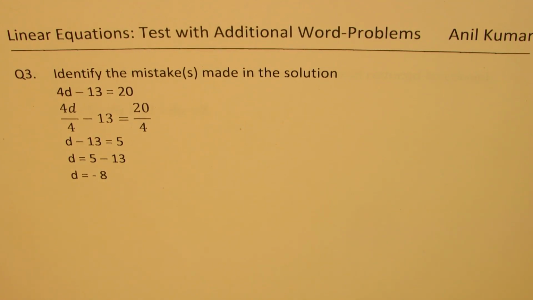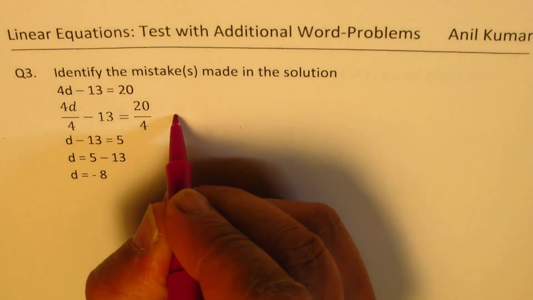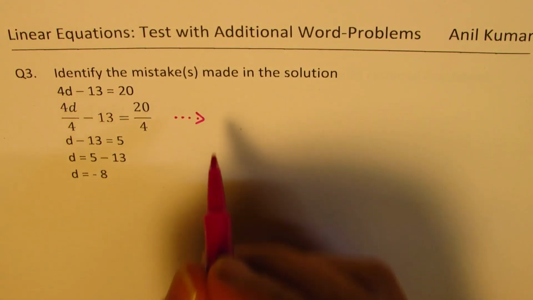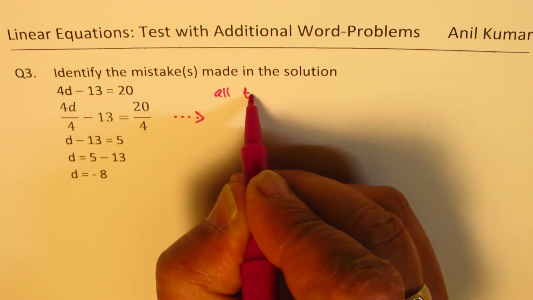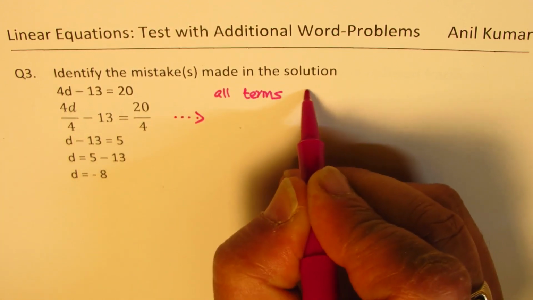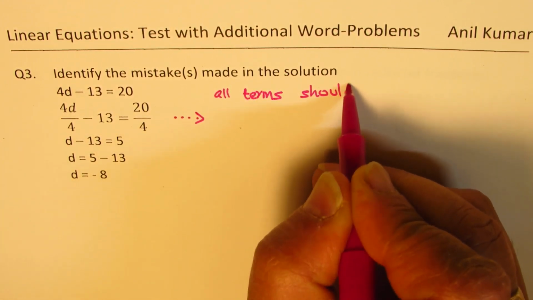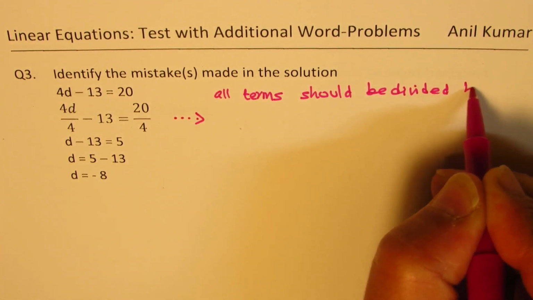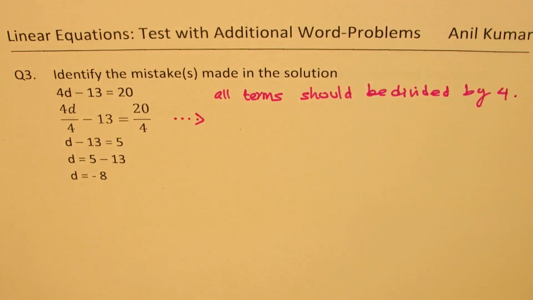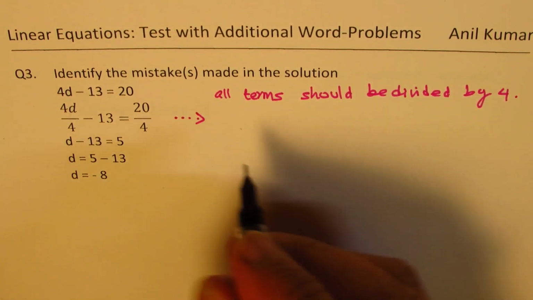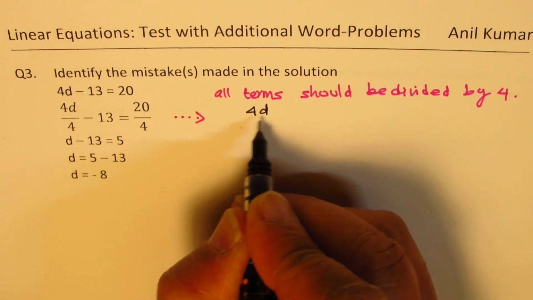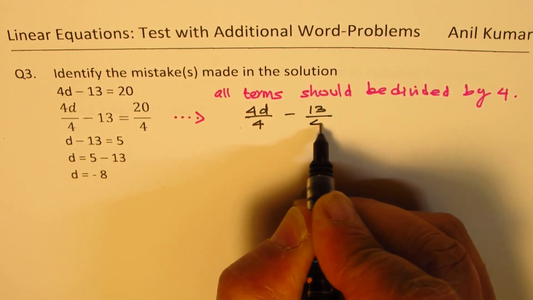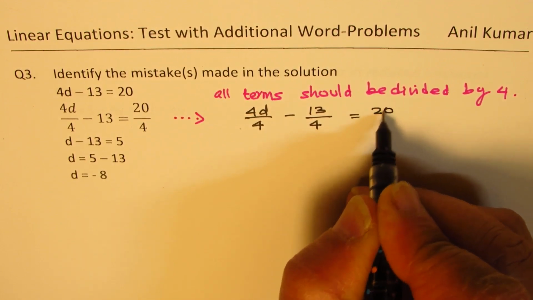Well, definitely here we have a mistake. In this statement, when you're dividing by 4, all terms should be divided by 4. That is definitely a mistake. So in that case, what we get here is 4d over 4 minus 13 over 4 equals 20 over 4.